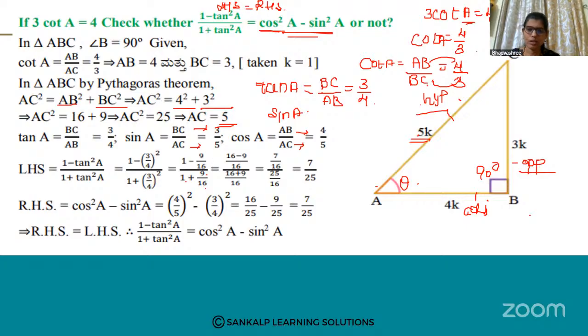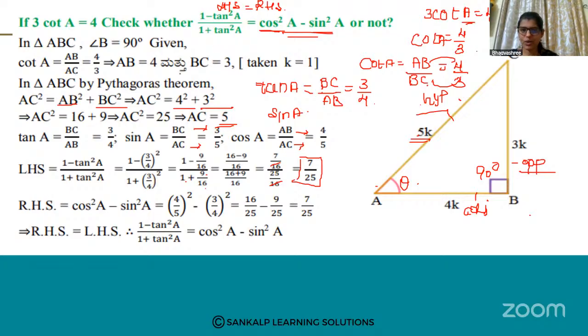Next one. Again, do cross multiplication. 16 minus 9 divided by 16, 16 plus 9 divided by 16. So 16 and 16 will get cancelled. 7 by 25. Okay. So remember, our LHS answer is 7 by 25.